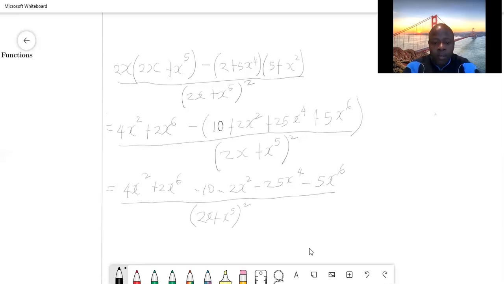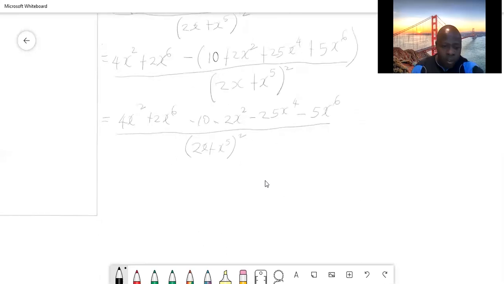So we collect like terms in our numerator. I can see that I have x raised to 2, x raised to 2. Those two give me 2x raised to 2. Then I have x raised to 6, x raised to 6, and those two will give me 3x raised to 6.